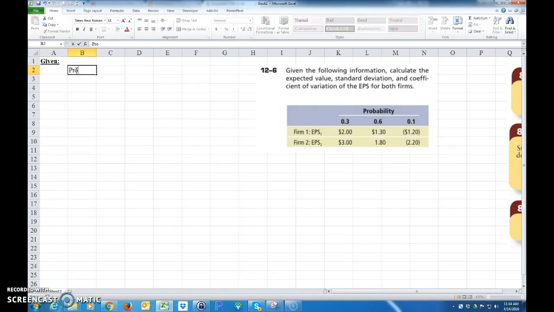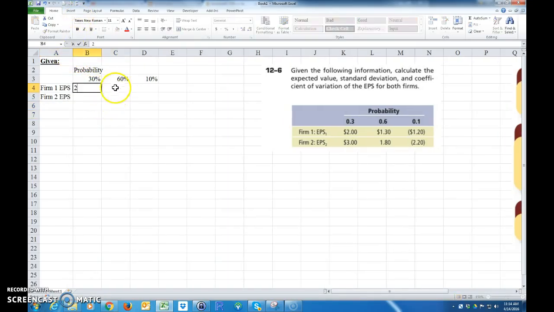So I'm going to go probability, and 30%, 60%, 10%, and we will put in firm 1 EPS and firm 2 EPS, and it's a 2, 1.3, a negative 1.23, 1.8, and a negative 2.2.